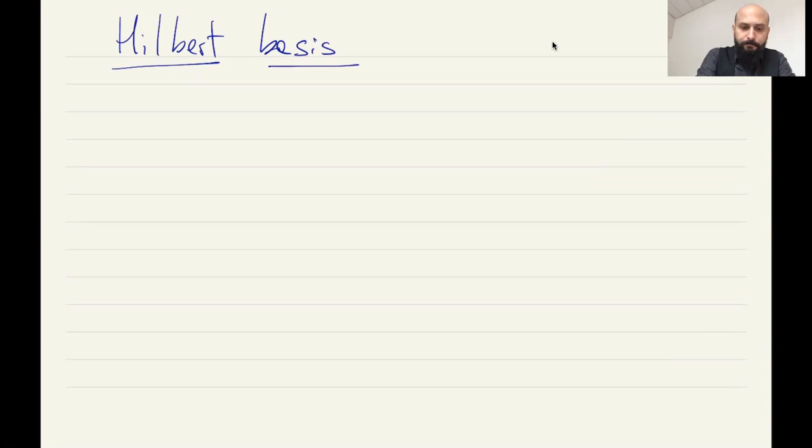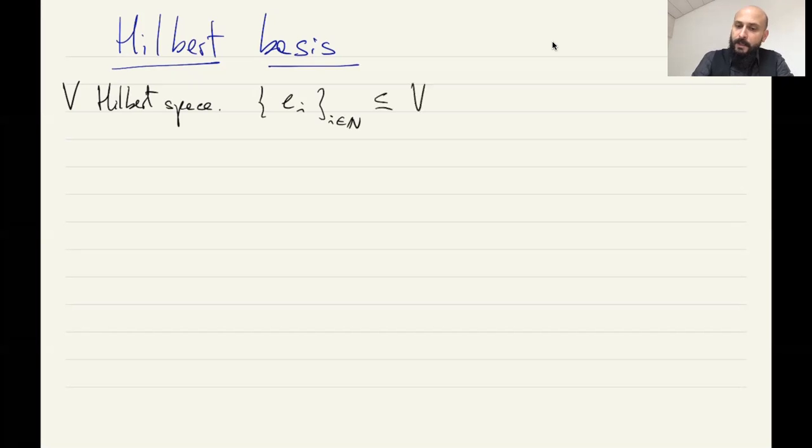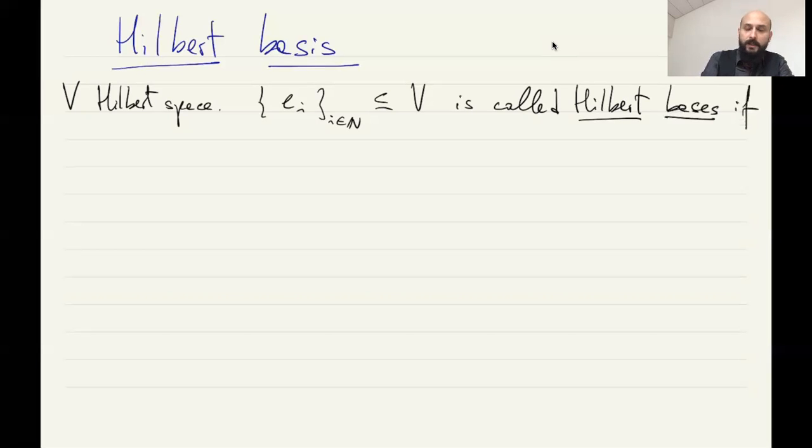So let's define it. Let V be a Hilbert space, and let's say that we have a countable subset of V. This set is called a Hilbert basis for V if two conditions are satisfied.